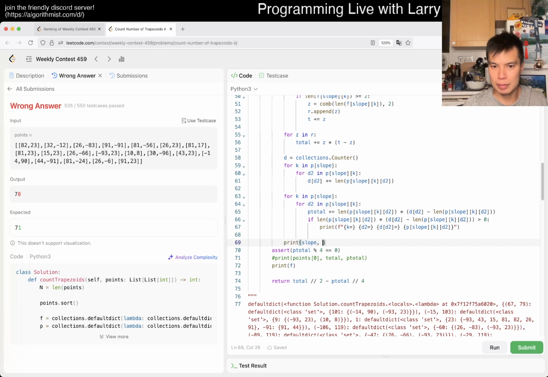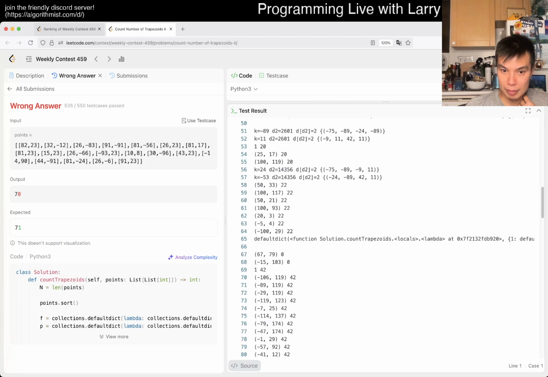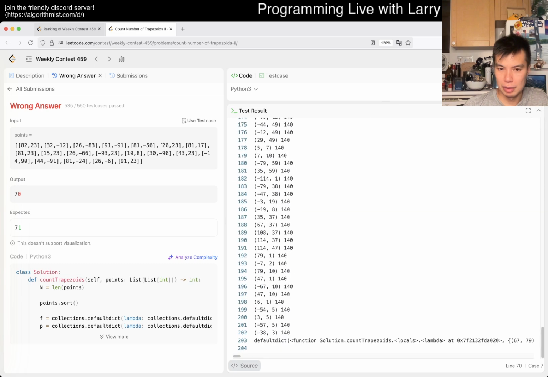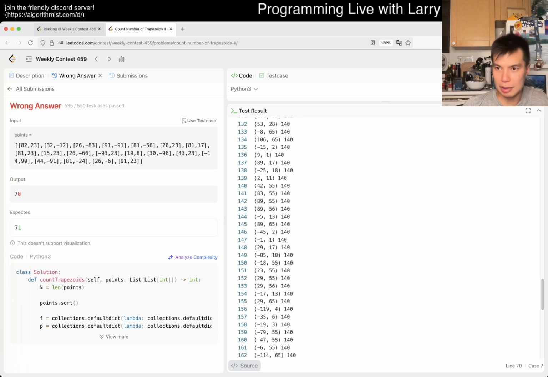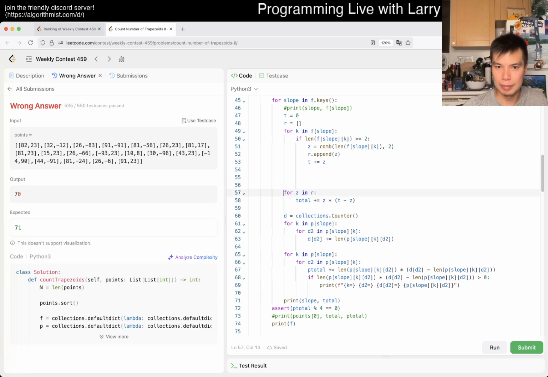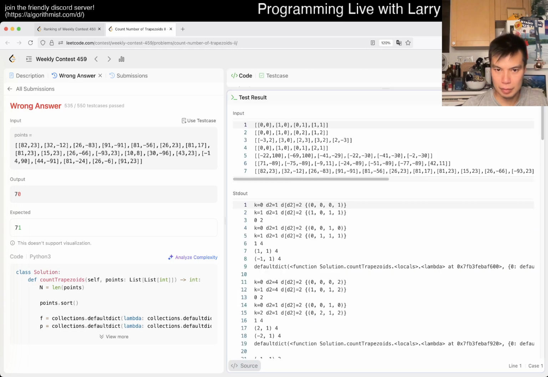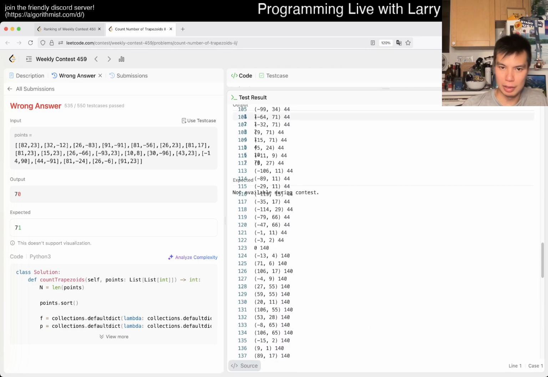I guess we don't need p total for this one, but okay, so this has 20. This is the one with the 21, I think. But I don't even know. Oh, I mean, a lot of these are just zeros. This just reduced the number of prints, actually.